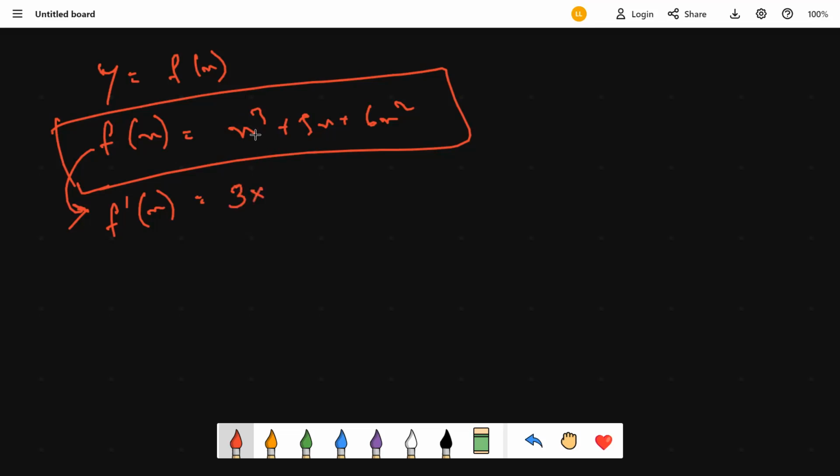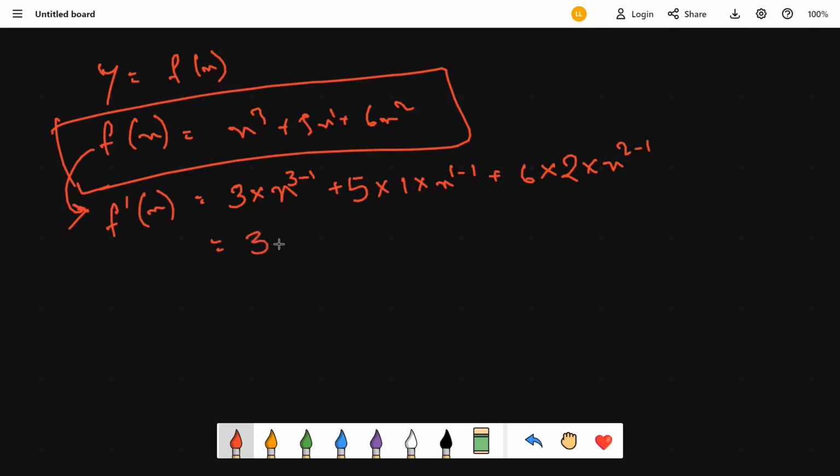So 3 multiplied with x to the power 3 minus 1, plus there is a constant term 5, so 5 times 1 at the top of this x, so 1 times x to the power 1 minus 1, plus this constant 6 is going to get multiplied with this term, and we will be differentiating this x squared. Differentiating x squared gives us what? 2 times x to the power 2 minus 1.